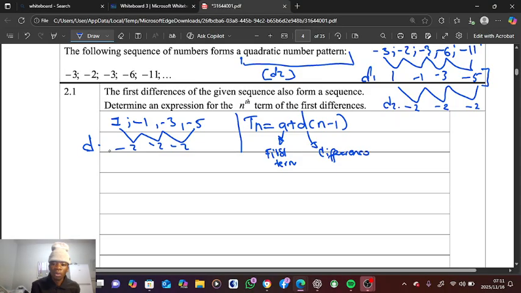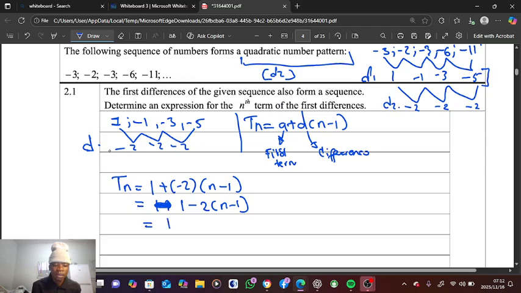Since it's equal all over, we're going to have T of n is equal to our first term, positive 1, plus our difference, negative 2 into n minus 1. So here we're going to say 1 minus 2 into n minus 1.